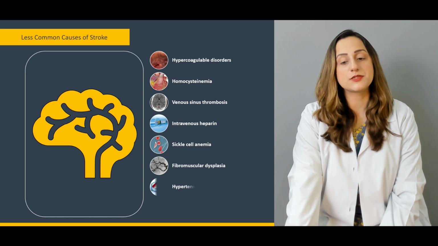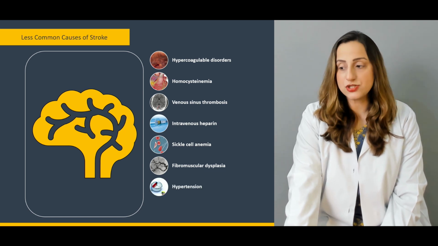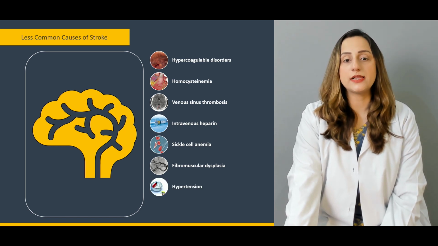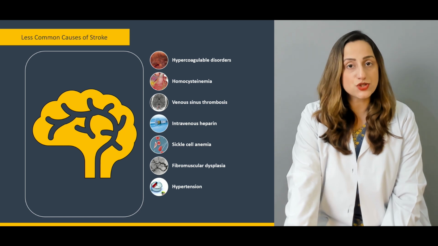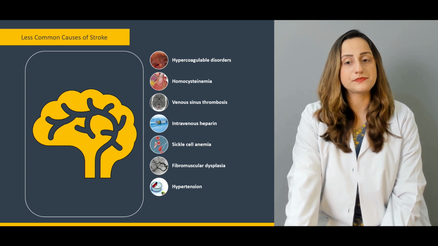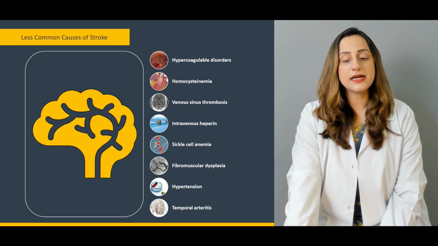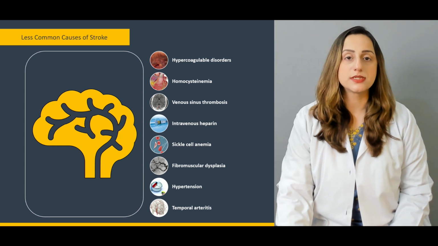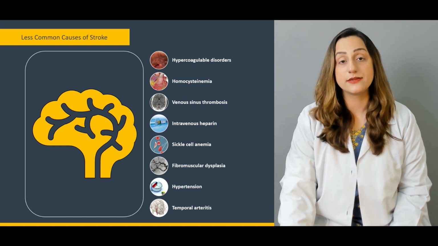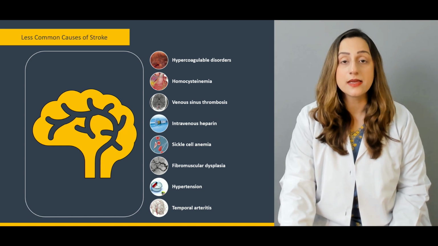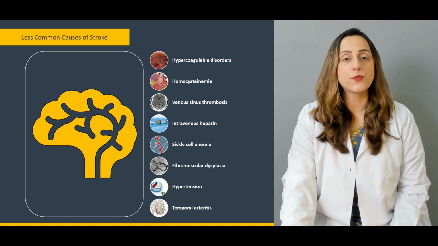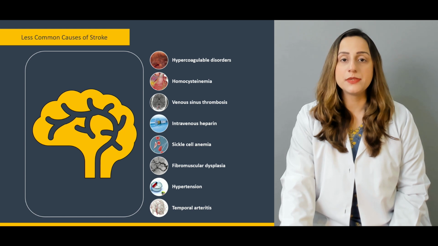Fibromuscular dysplasias and hypertension make patients more prone to developing ischemic stroke. Sometimes autoimmune disorders such as temporal arteritis, also known as giant cell arteritis, also make the person more prone to developing ischemic stroke eventually.